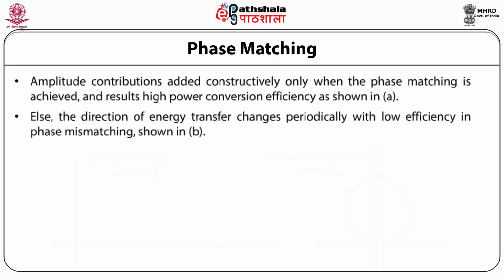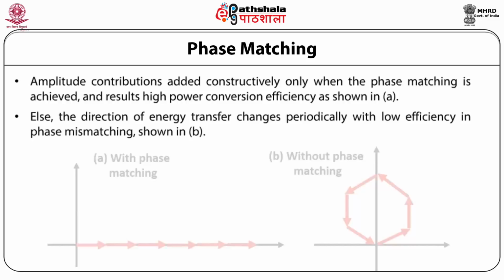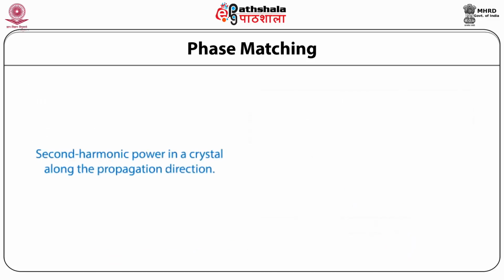Else, the direction of energy transport changes periodically with the change in phase between the interacting waves during passage through the crystal. The energy then oscillates between the waves without being transferred in a constant direction.